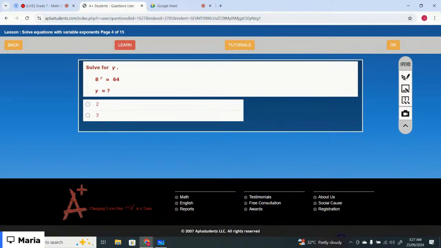Solve for y, which is the correct option? The correct option is y equals 2. Option number 1 is the correct option.